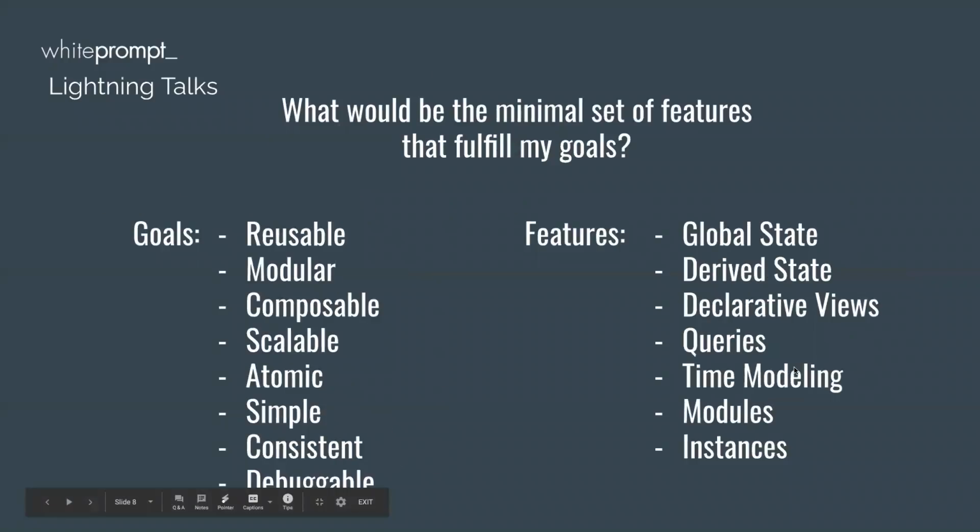And maybe if you ask this question, you can come up with a different set of features that are more efficient or more usable, etc. And this is the part that I encourage you to experiment with a different set of features and tools, so we can evolve the technology and be more productive and more efficient.